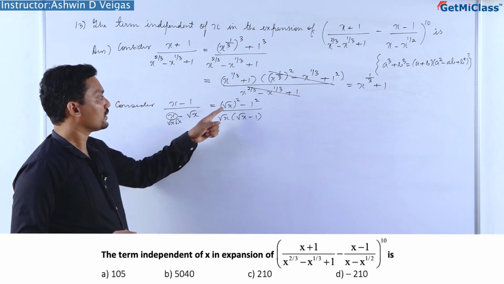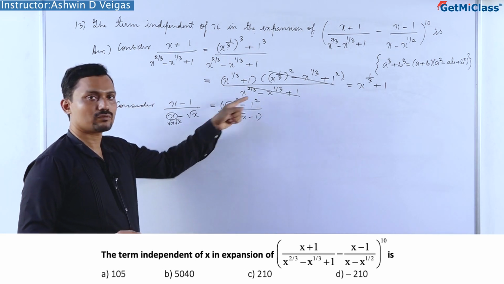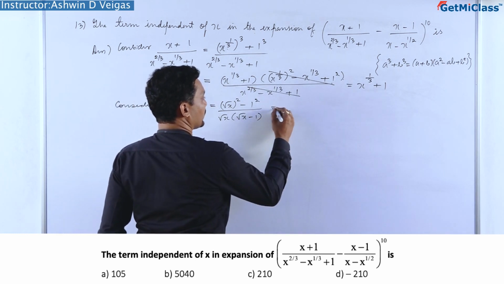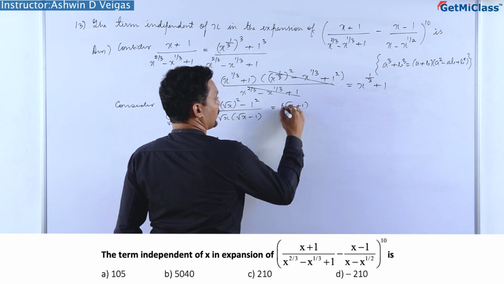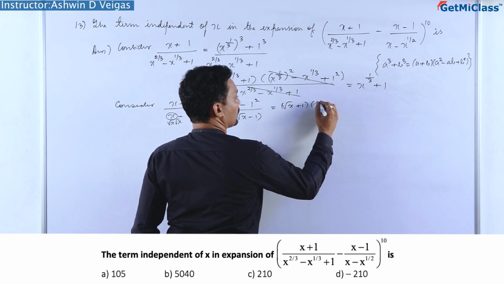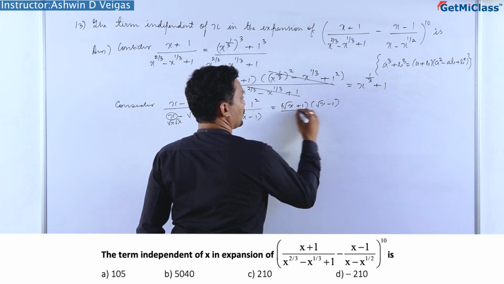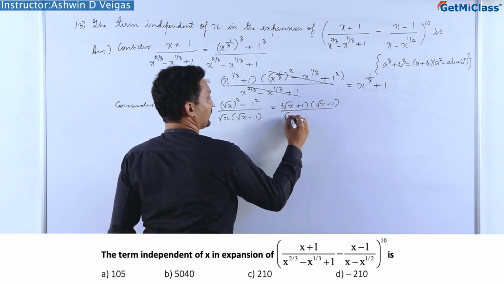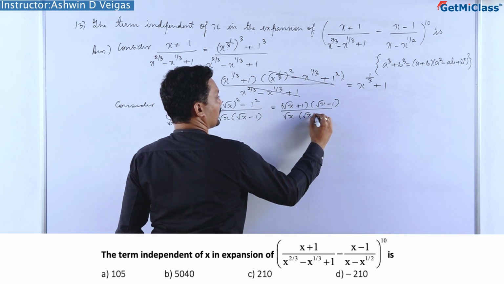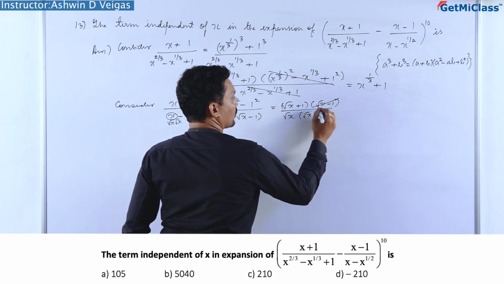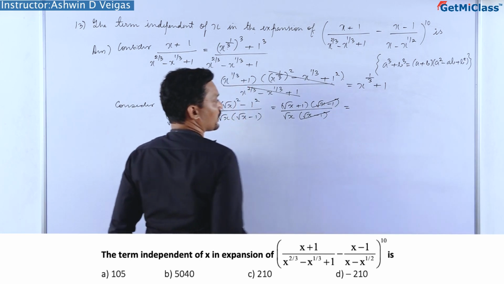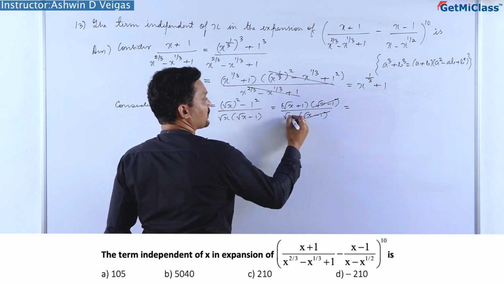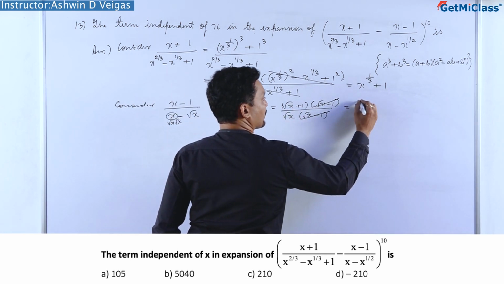Now this is a square minus b square, so this is a plus b, that is root x plus 1, into a minus b, that is root x minus 1, divided by root x into root x minus 1. Here root x minus 1 will get cancelled. Therefore, you can write this as root x plus 1 by root x.